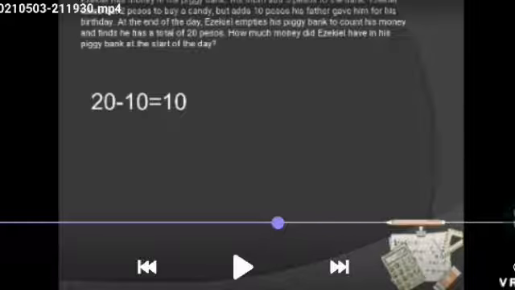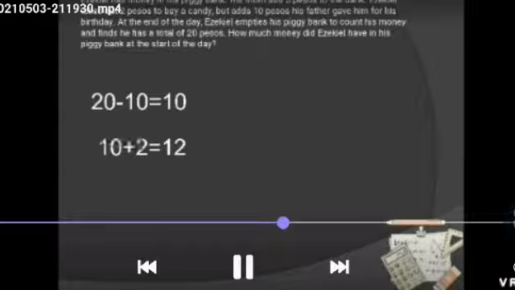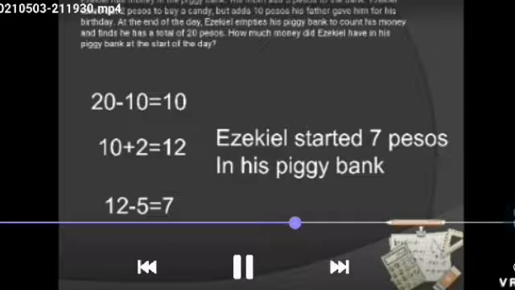However, Ezekiel bought a 2 pesos worth candy. So 10 plus 2 is equal to 12. Remember, his mom added 5 pesos in the bank. So 12 minus 5 is equal to 7. Therefore, Ezekiel started with 7 pesos in his piggy bank.